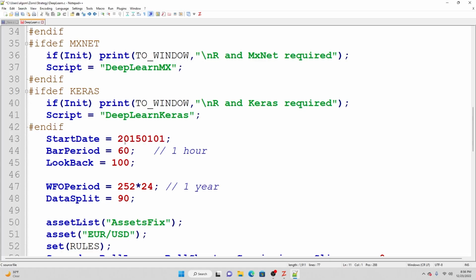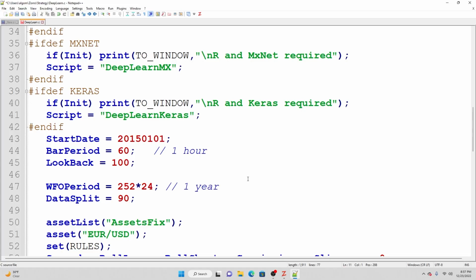So we arbitrarily set here the start date, January 1st 2015, and the walk forward optimization period is 1 year. So basically 2015, 2016, 17, 18, 19, 20, 21.